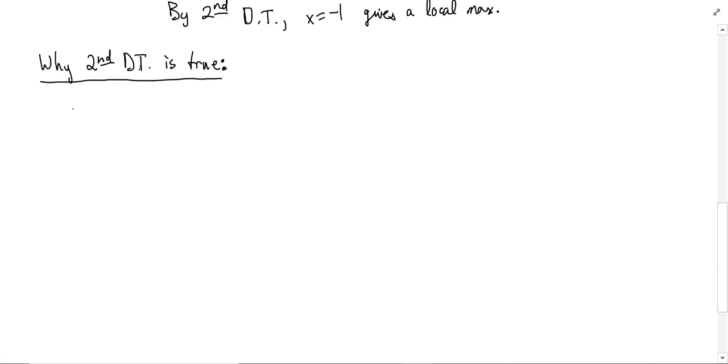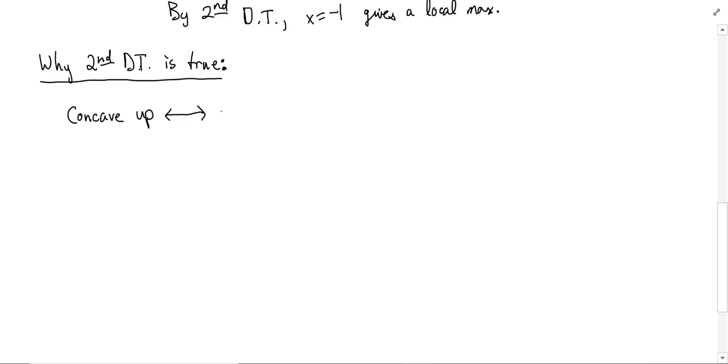Let's remind ourselves, to be concave up can be thought of in a couple of different ways. One way of thinking of it is that the graph locally lies above its tangent line.